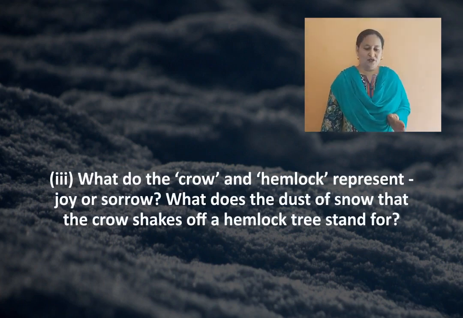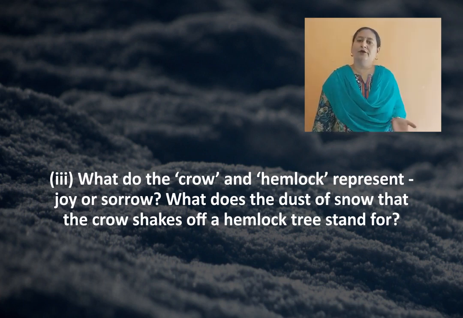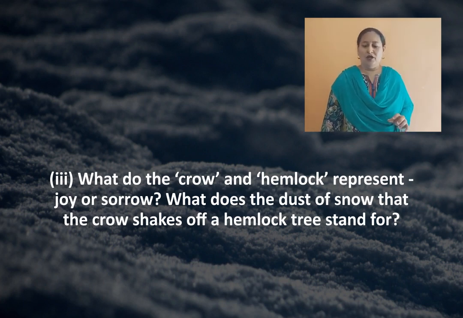Now let's see the third part of the second question. What do the crow and hemlock represent, joy or sorrow? Of course, the crow and the hemlock tree represent sorrow here in this poem. What does the dust of snow that the crow shakes off a hemlock tree stand for? The dust of snow that the crow shakes off from the hemlock tree stands for that particular moment.